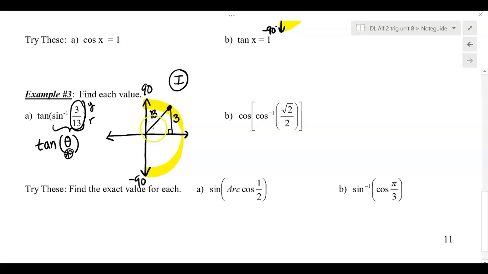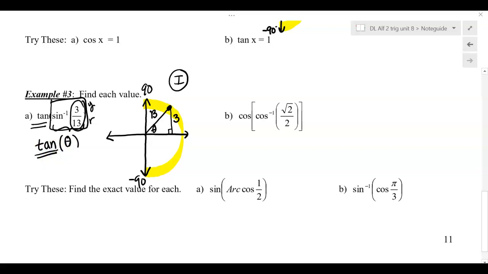Okay, and there's the angle. I cannot figure out the angle without a calculator. But the answer to this problem is not the angle. Okay, it wasn't just asking me for this part right here. It has this tangent in front of it, which means I don't necessarily need to know the exact value of the angle as long as I can go find the tangent of the angle.